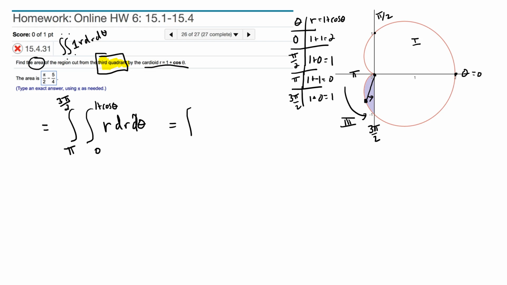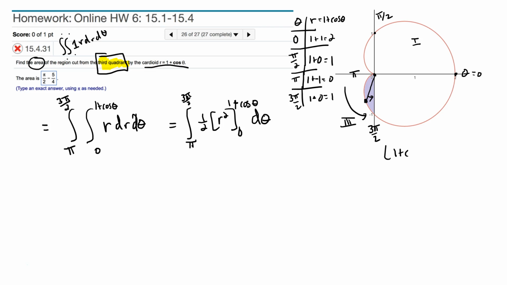Okay. Leave the outside integral alone. And integrate r. Get 1/2 of r squared. And you have to plug in the bounds of 1 plus cosine theta and 0. And then later we integrate with respect to theta.